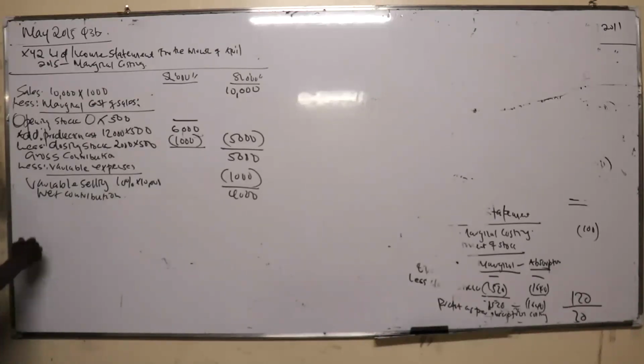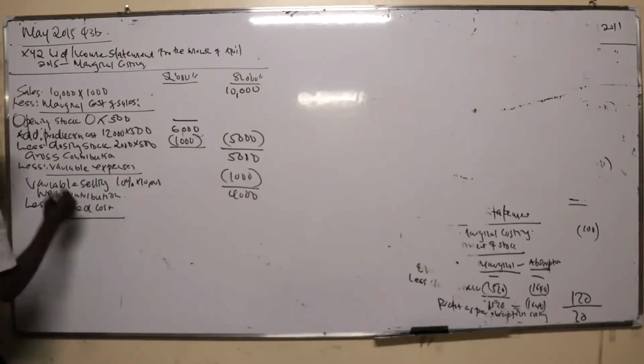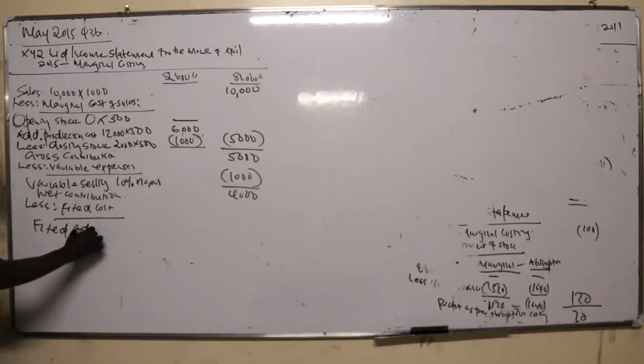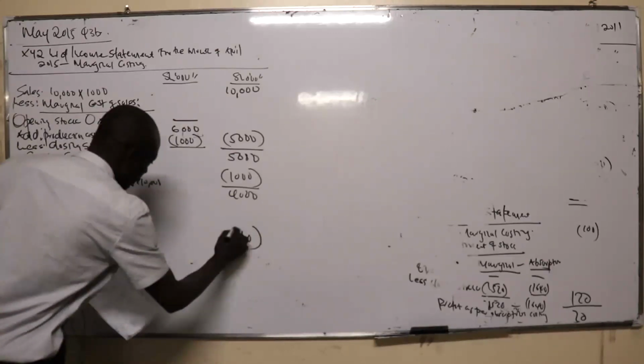And then you less fixed costs or fixed expenses. So we start with the fixed admin expenses, which is 500,000. So you less 500 here.